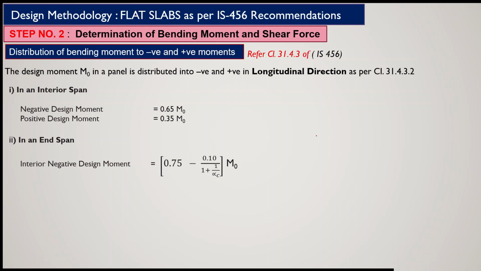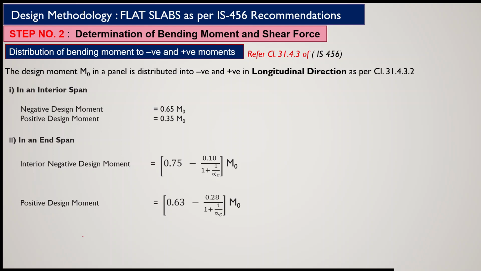Whatever value comes out of this bracket will be the percentage of total design moment which will be considered as negative design moment at the interior support when there is an end span.